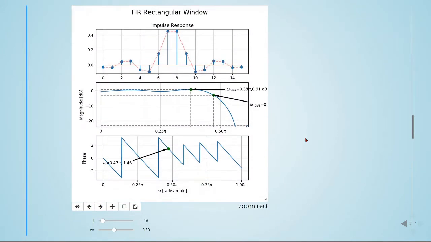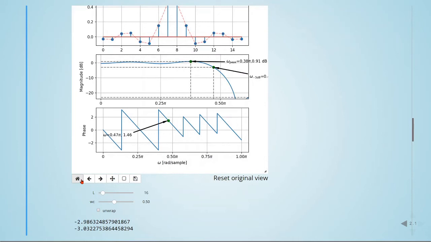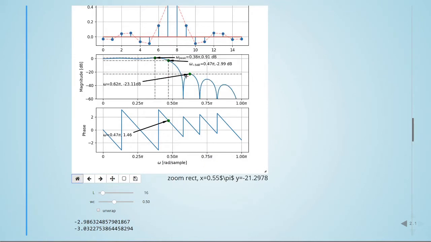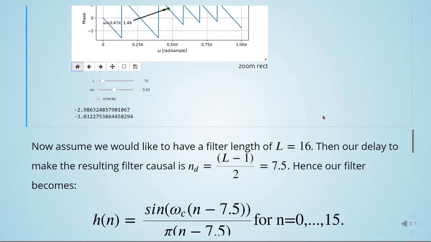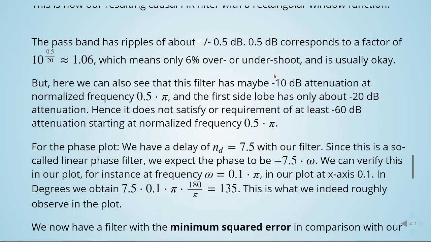The second side lobe here is also more or less minus 20 dB attenuation, and this is not satisfying our requirement for at least minus 60 dB starting at normalized frequency 0.5 pi.